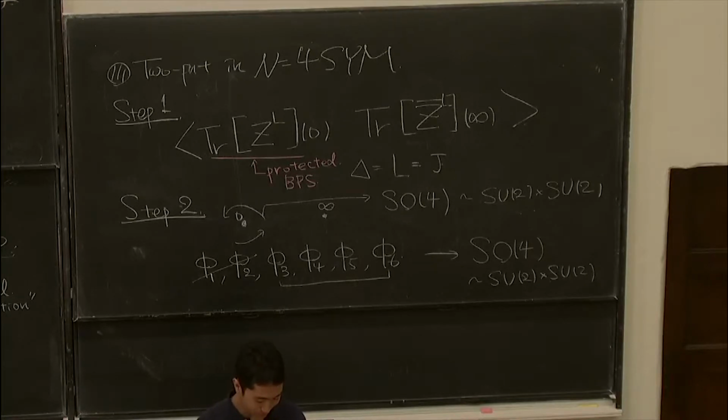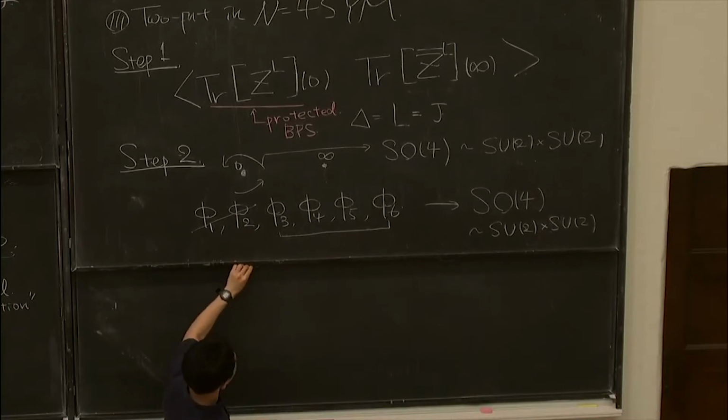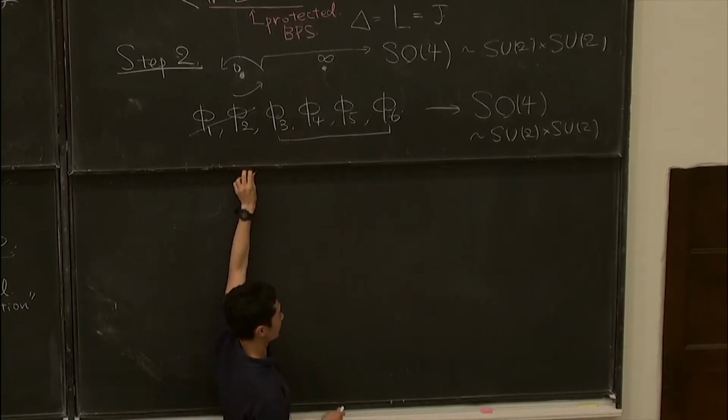So these are basically the bosonic little groups. And there are also fermionic little groups.